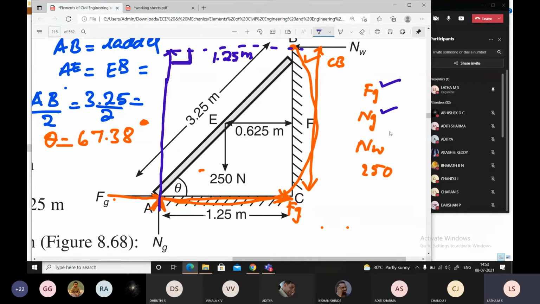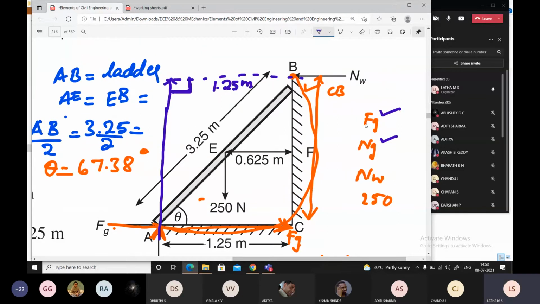What is now Nw? Nw is acting at this point. What's the moment of Nw? 0. Very good, because it is passing through point B only.